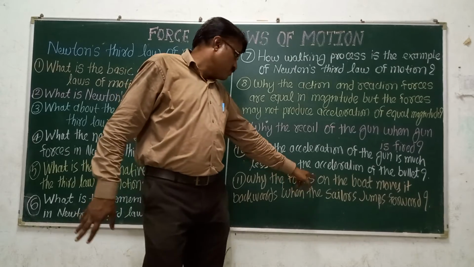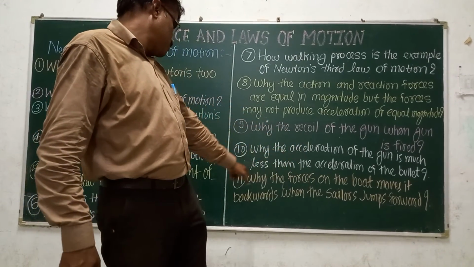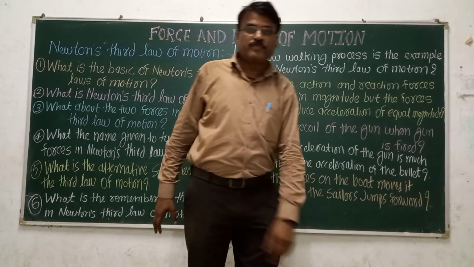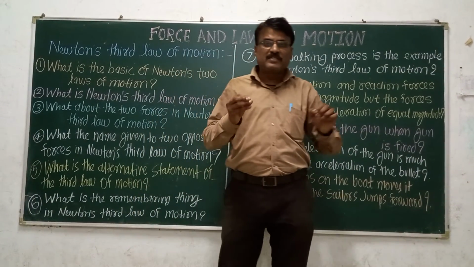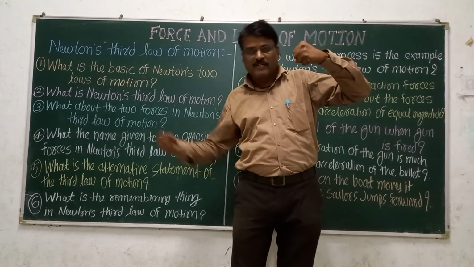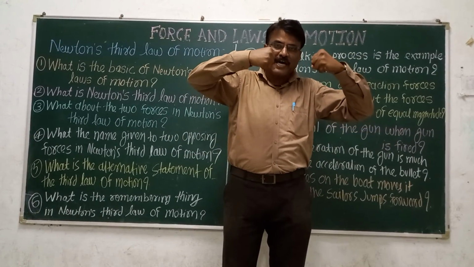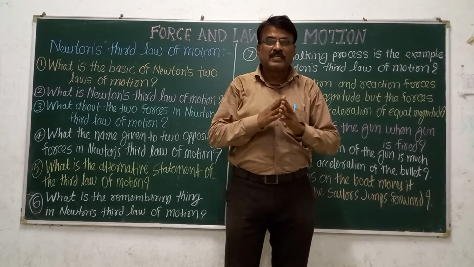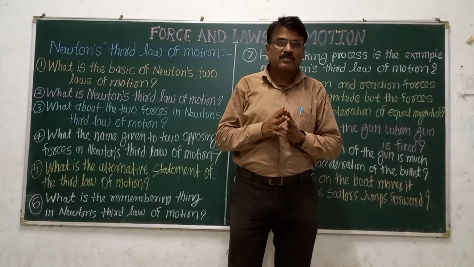So the boat moves backward when the sailor jumps forward. This is about Newton's third law. Very easy. Action, reaction, both are equal in magnitude and opposite in direction. This is Newton's third law of motion. Thanks.